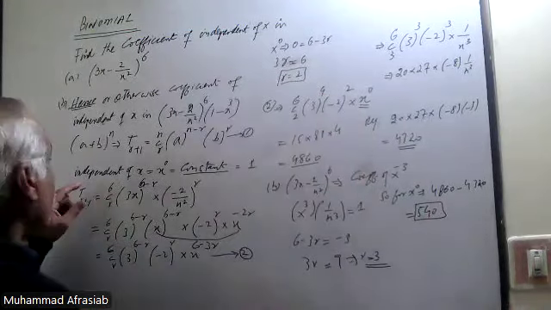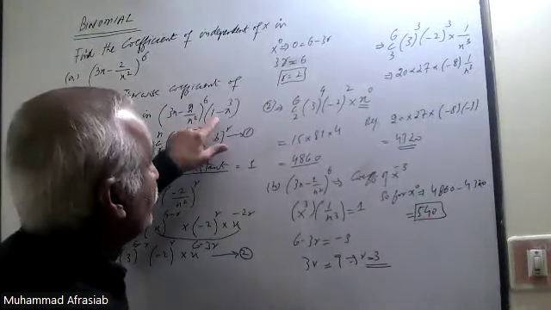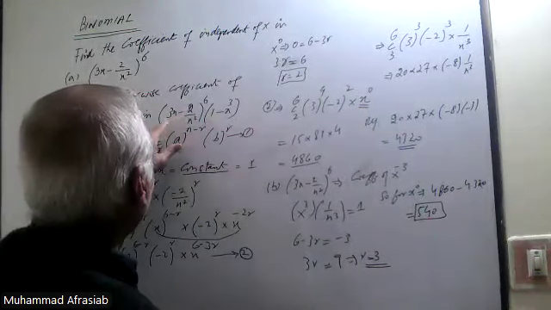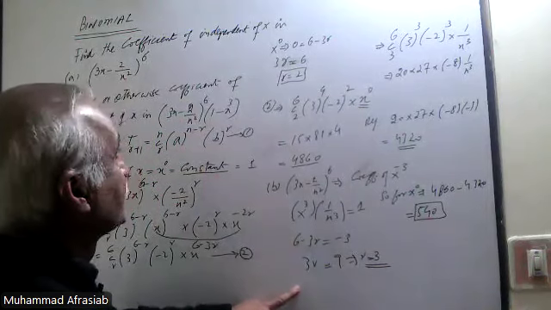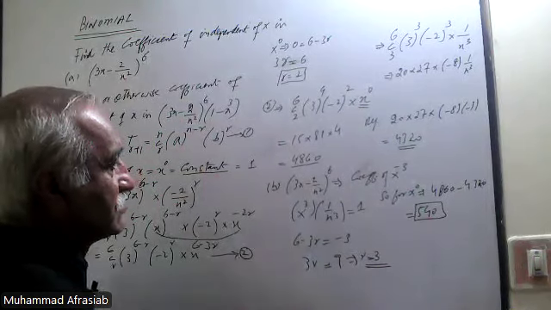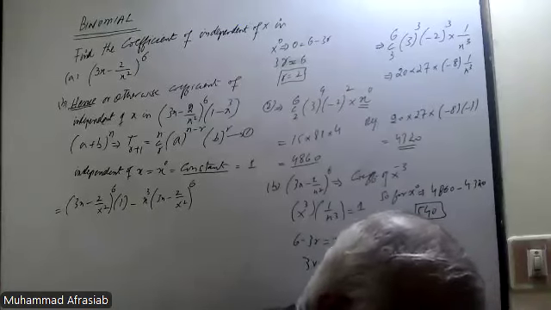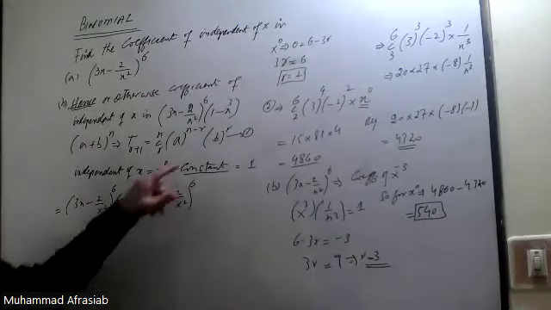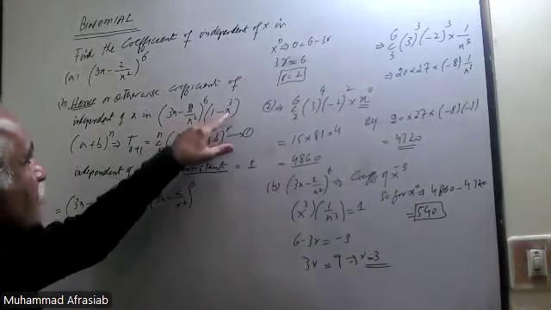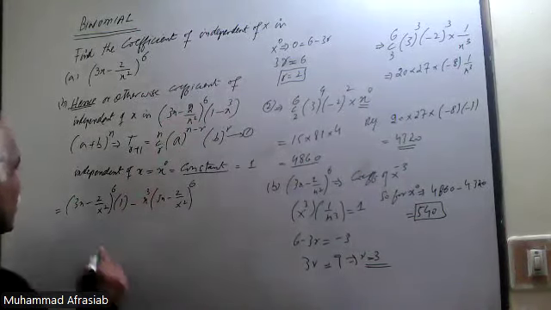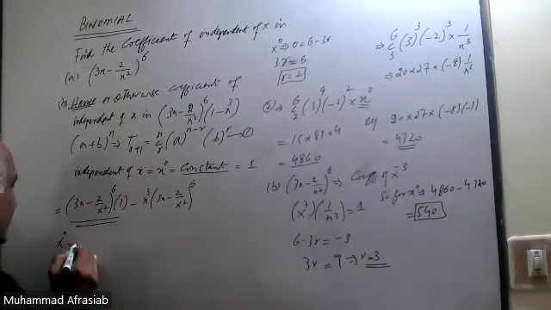So this is going to be multiplied by this function 1, then the coefficient is this, and this coefficient is going to be multiplied with x cubed, then that is going to be like this part. We can simply write (3x minus 2 over x squared) power 6 into (1 minus x cubed). So for this, we have calculated the coefficient independent of x.